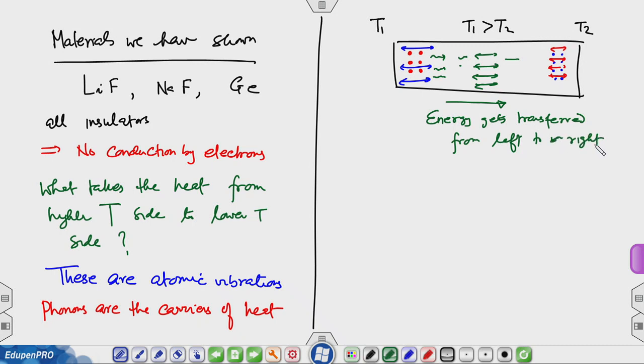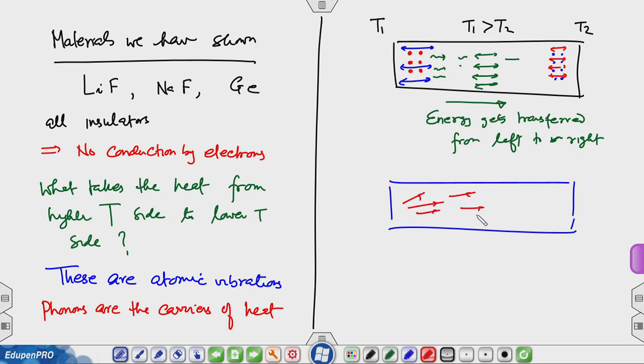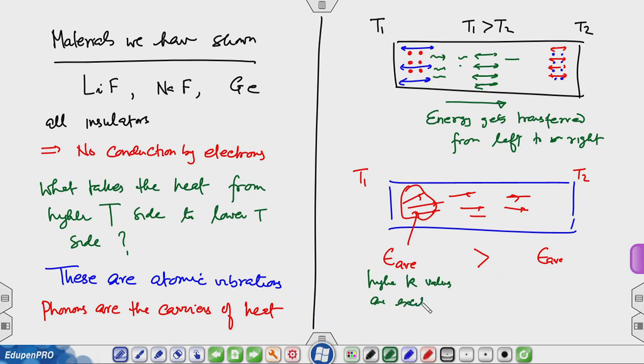In the phonon picture, what is happening is that I have these phonons moving around, and the energy of phonons out here, average energy E average, is greater than E average here on the right hand side. This is T1 and T2. Then also higher K values are excited.